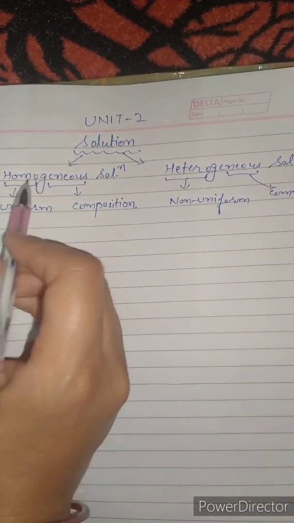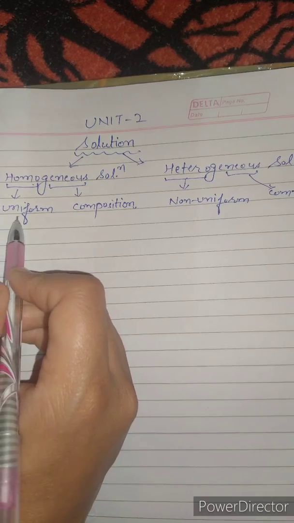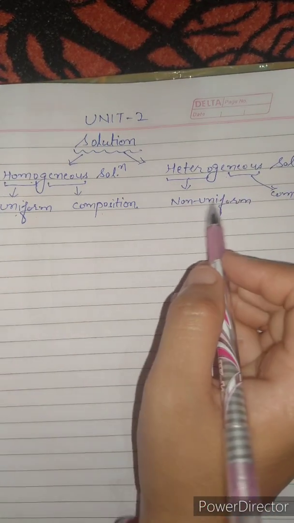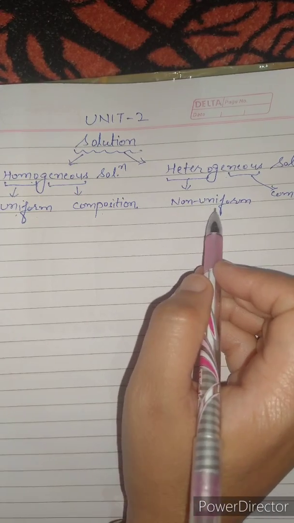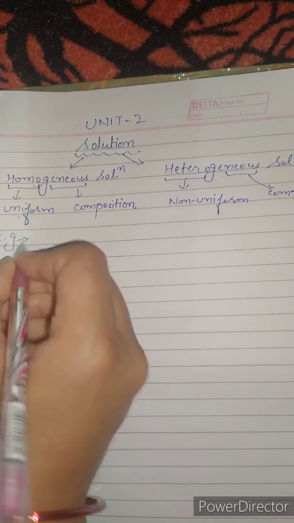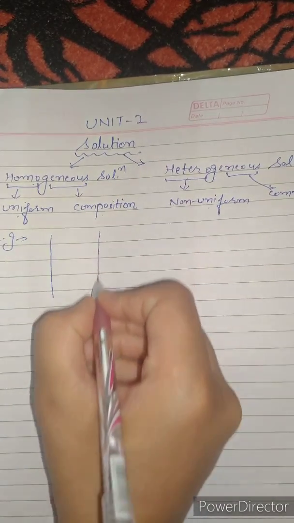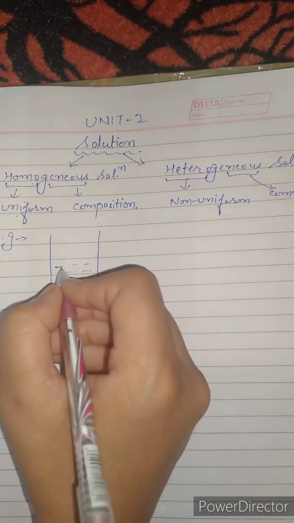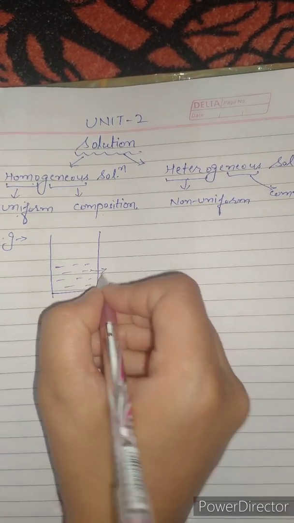It means homogeneous solutions are those having uniform composition, but heterogeneous solutions are those having non-uniform composition. For example, we take a container and in this container we dissolve sugar inside the water.